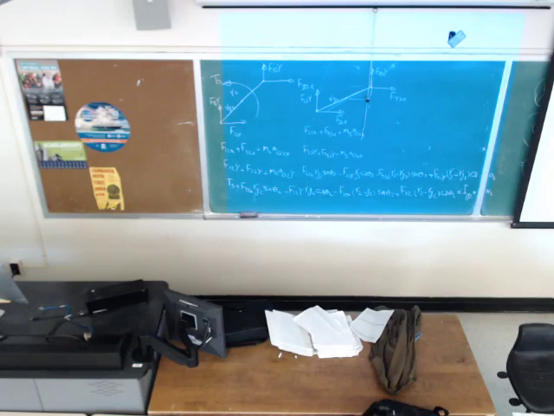link 4 is connected to the ground, so 2 forces come from the ground, F14x and F14y. This point is connected to link 3, so we are going to have F34x and F34y. And this is the center of gravity for link 4, RG4.